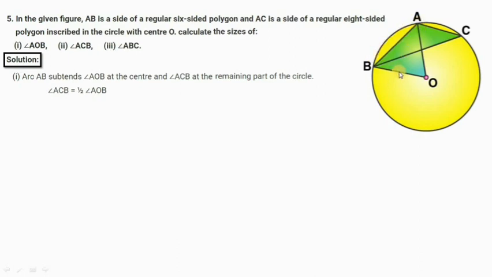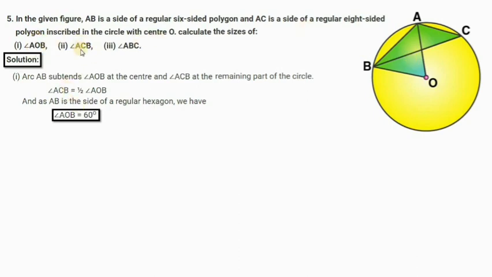So this central angle subtended by one side at the center will be 360 by 6, which is 60 degrees. So AOB equals 60 degrees, and our first answer is 60 degrees.